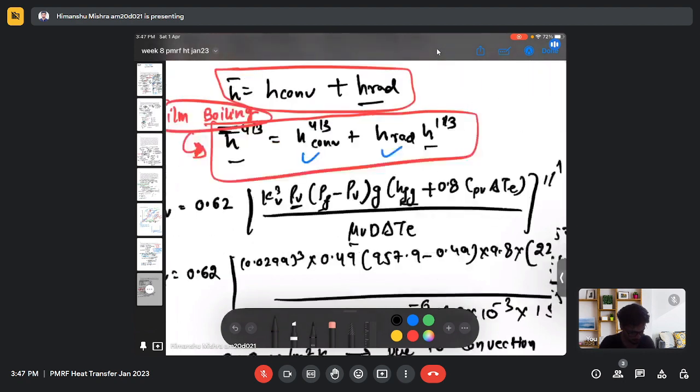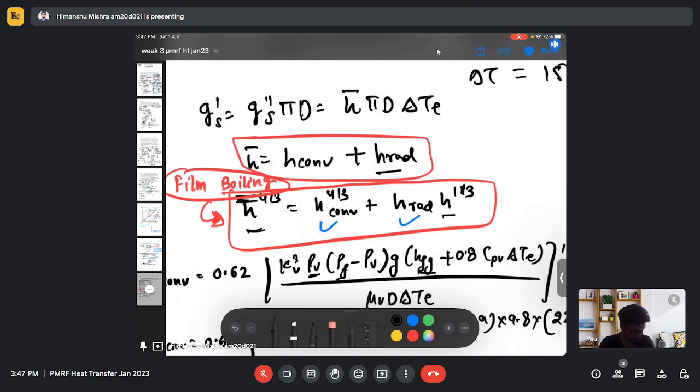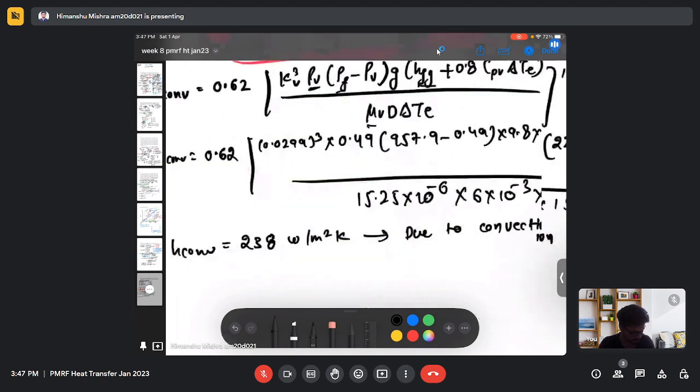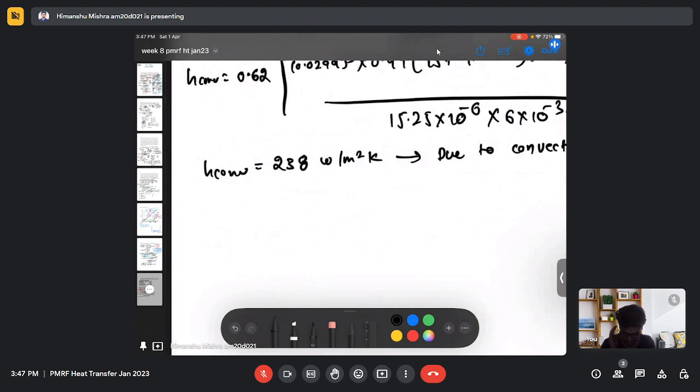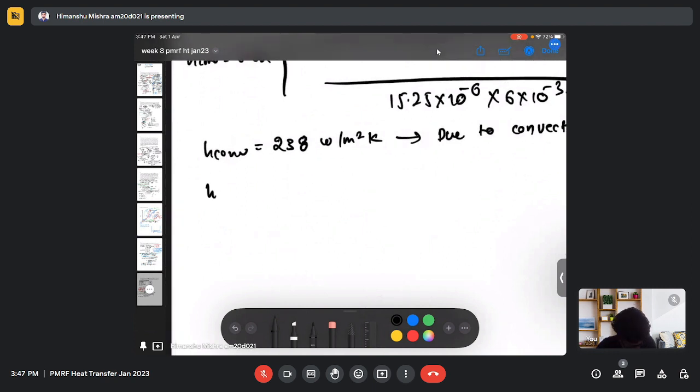And we saw that for film boiling, my heat transfer coefficient is also a function of the radiation heat transfer coefficient. And to find the radiation heat transfer coefficient, I will be using a formula. So here I'm using the energy balance.